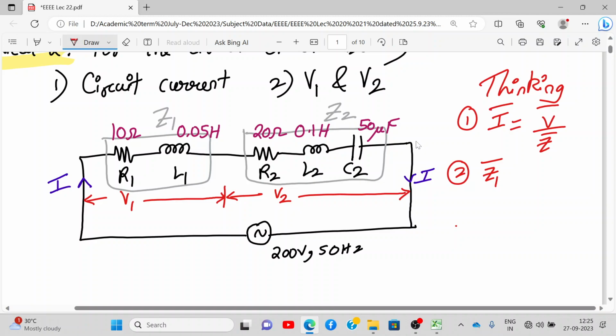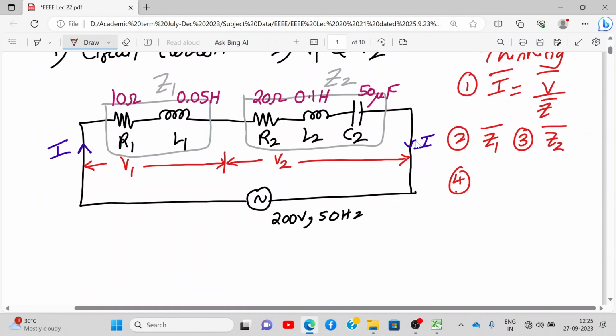So first calculate Z1 and then calculate Z2. Then Z is Z1 plus Z2. Once you know the values of Z1 and Z2, can you find V1? What is V1 given by? I into Z1, correct? And V2 will be given by I into Z2.